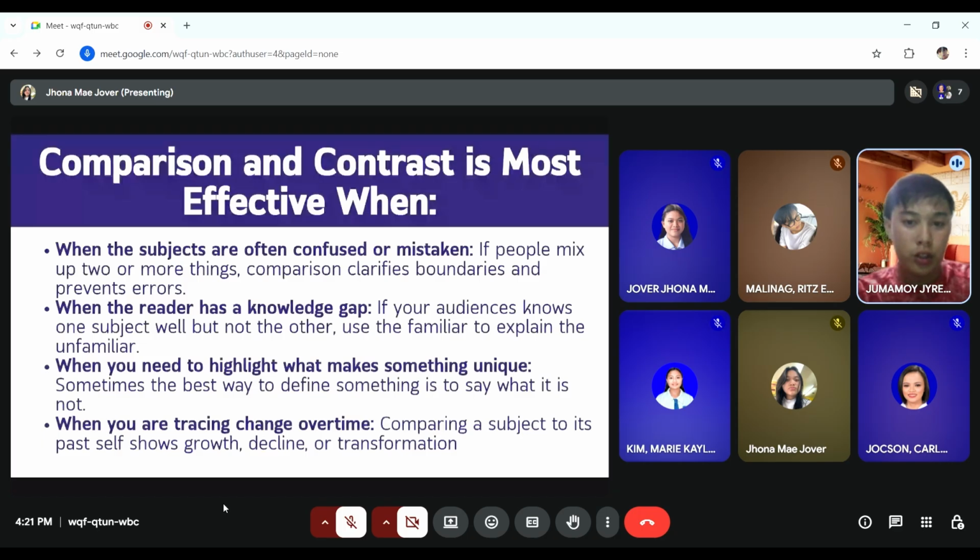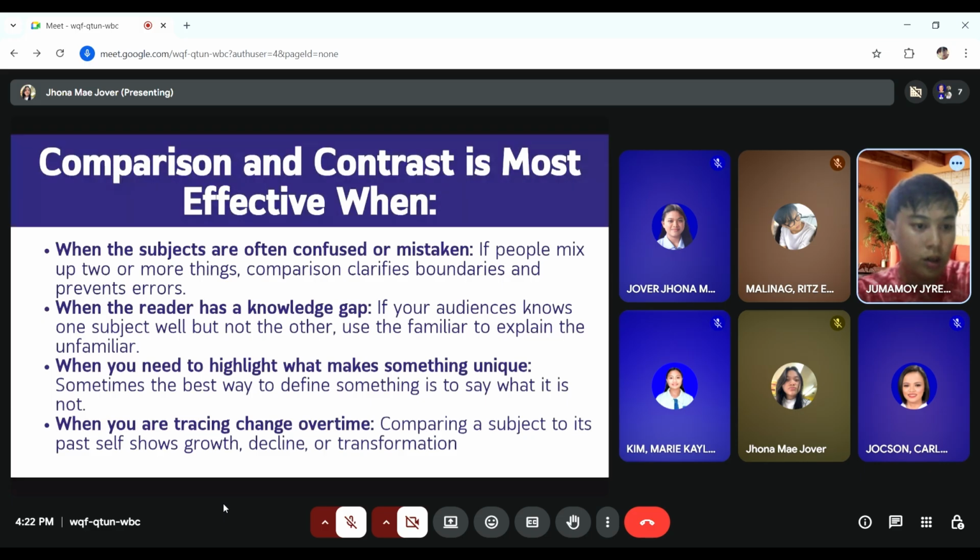In conclusion, number one, when the subjects are often confused or mistaken, we clarify commonly confused terms. Number two, when the reader has a knowledge gap, we explain unfamiliar concepts using familiar examples. Number three, when you need to highlight what makes something unique, we highlight what makes something unique.